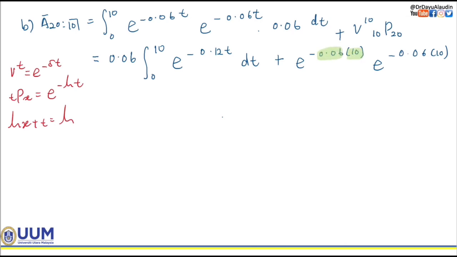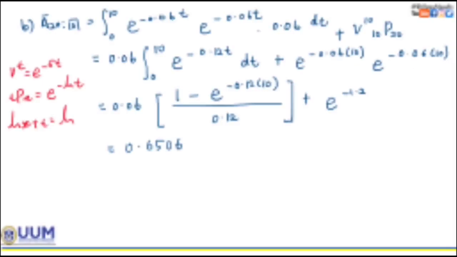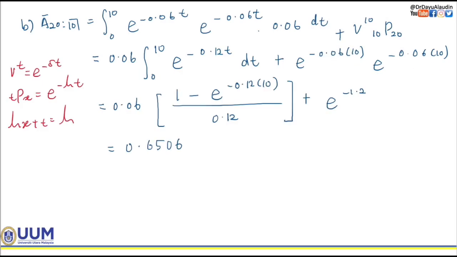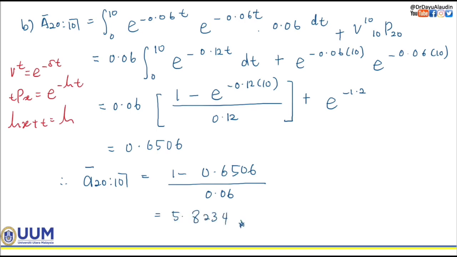And then 10p20 is e^(-mu t), where mu is 0.06 and t is 10. So this is for delta, this is for t. We solve the integration and then we get 0.6506 for the endowment insurance. Then we substitute into the annuity formula, and we get the annuity equal to 5.8234.